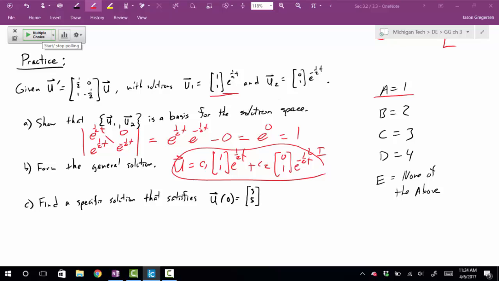When you do that, you have to find C1 and C2. C1 is equal to what? This is the second bigger question.